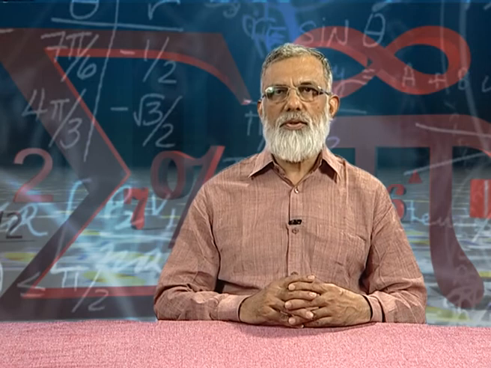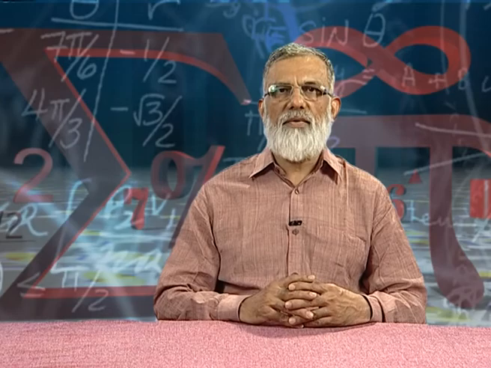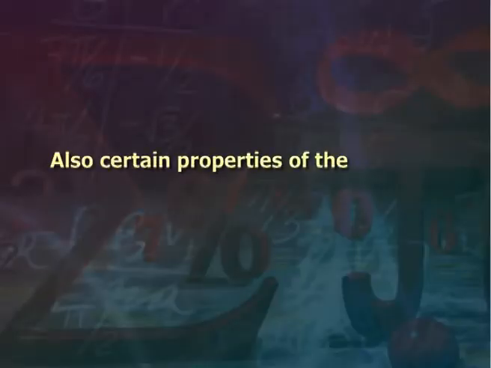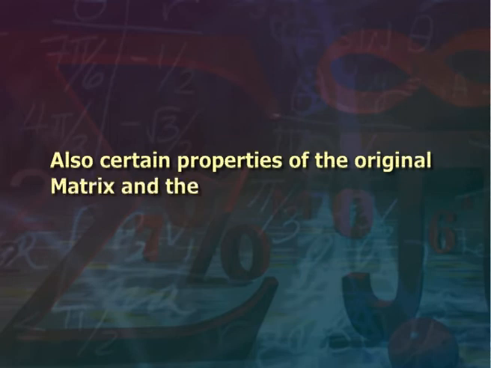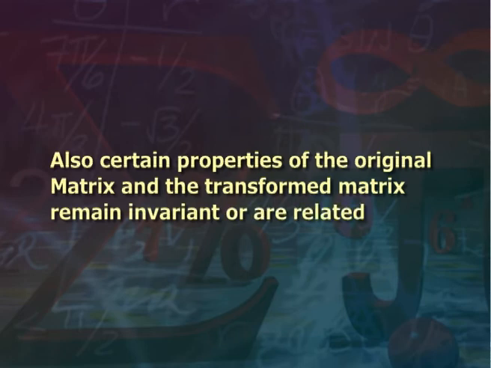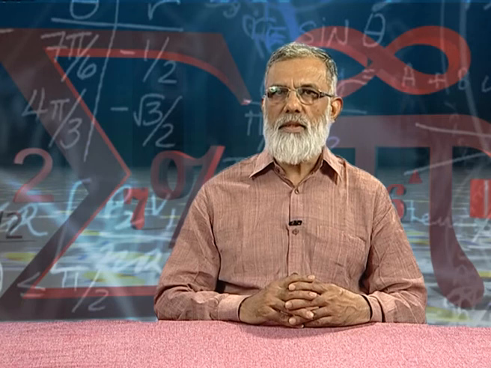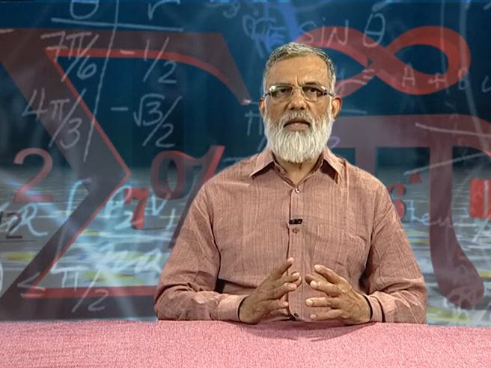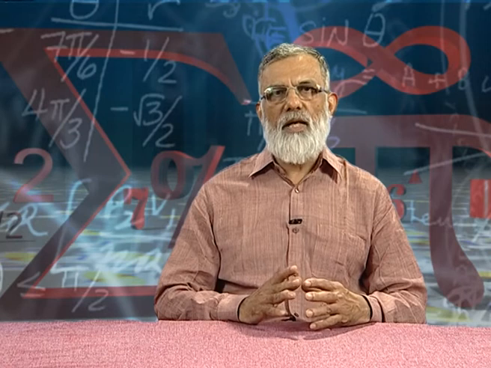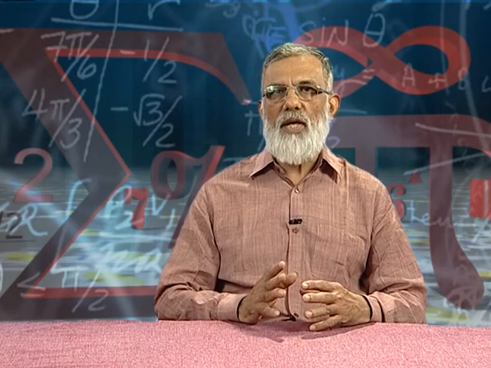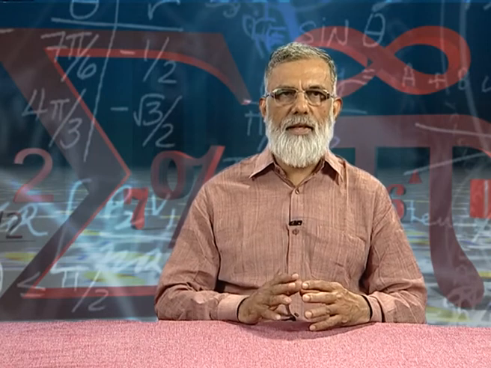They are used to transform the original matrix into a matrix having a definite simple form. Also, certain properties of the original matrix and the transformed matrix remain invariant or are related. If the transformed matrix has the simple desired form, and if the definite entity can be found for it, we have got the entity for the original matrix also.